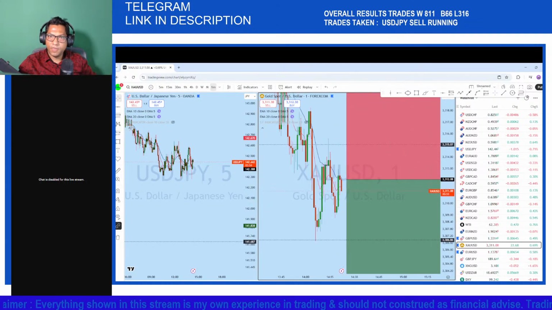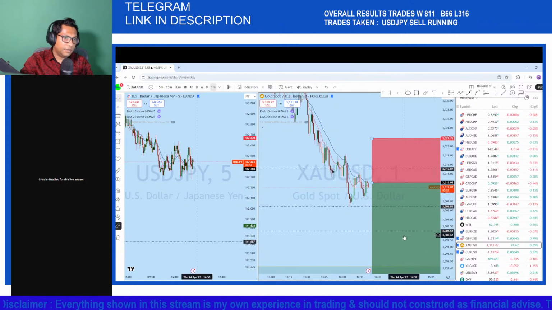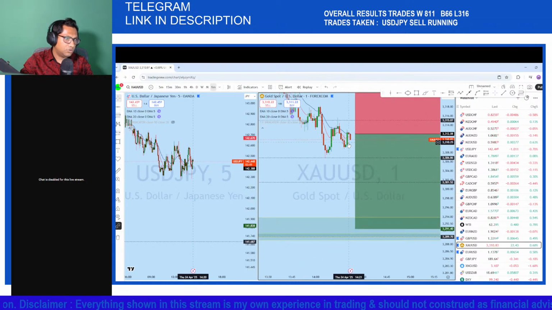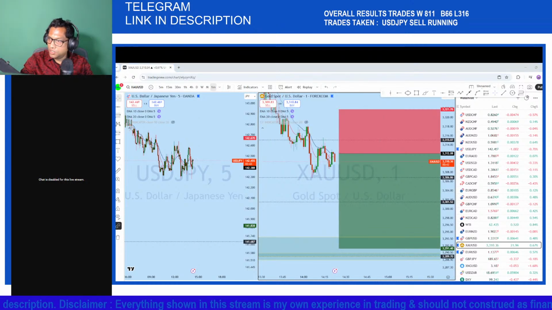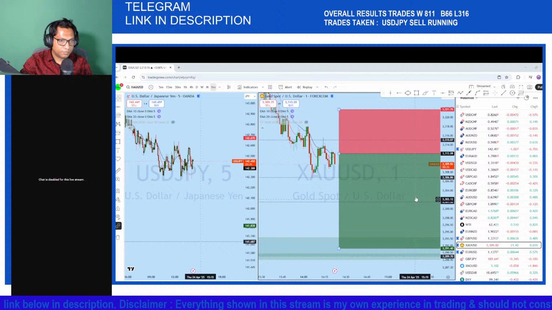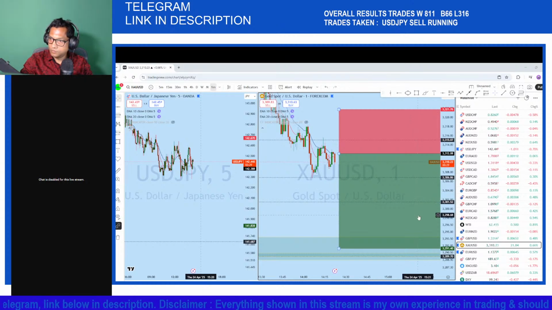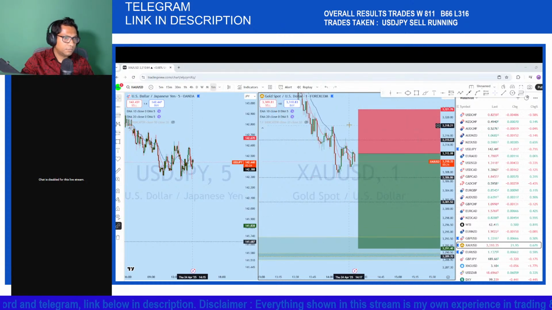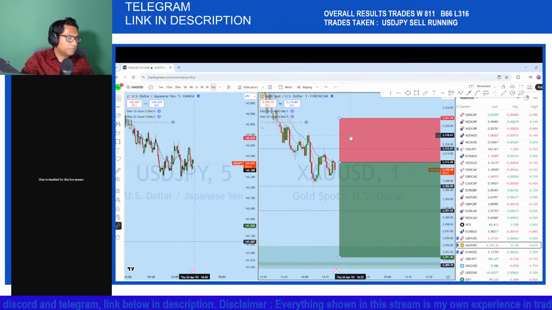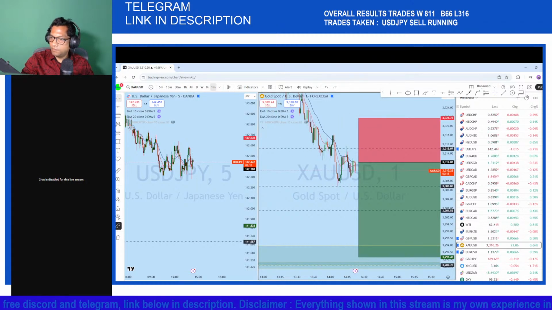There's a doji, and with this doji, expecting it to come back, so holding it. We are below again in the profit zone. Let's keep it running.